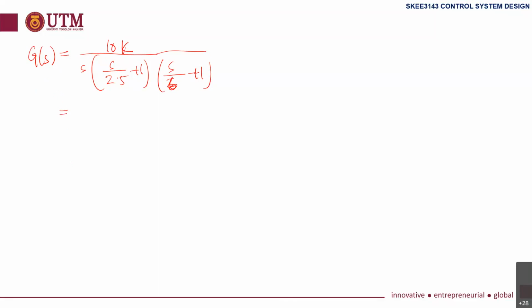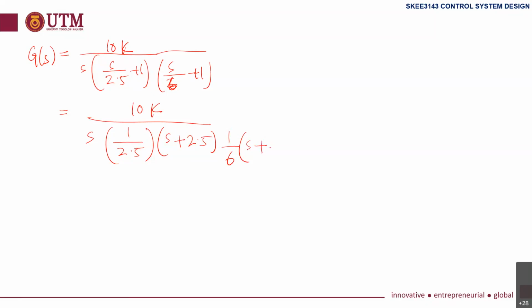This is in a normalized format. We can rewrite it: 10K, take out 1 over 2.5, then it's s plus 2.5. I can also take out 1 over 6, s plus 6. Okay, they are the same.